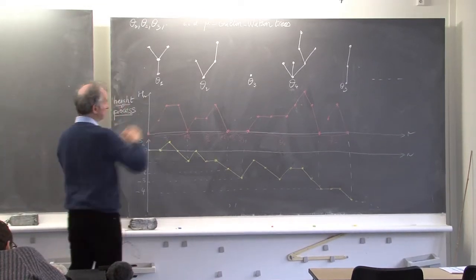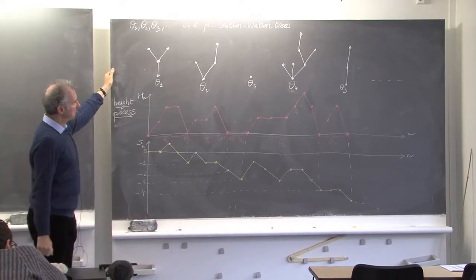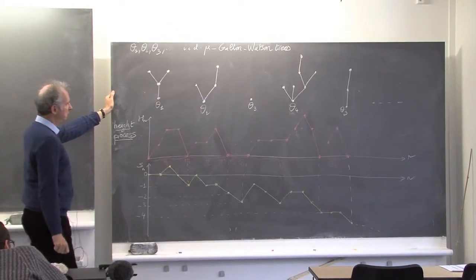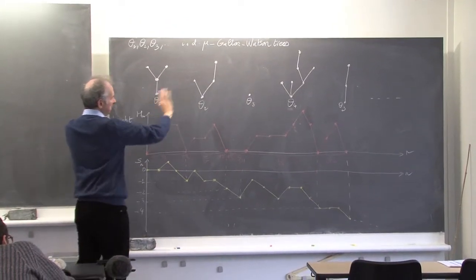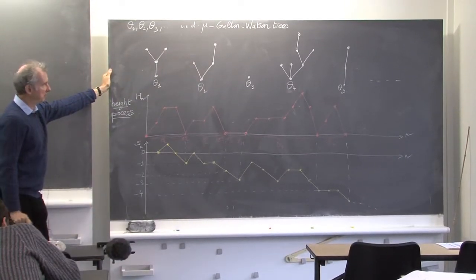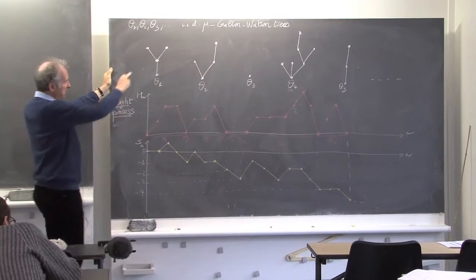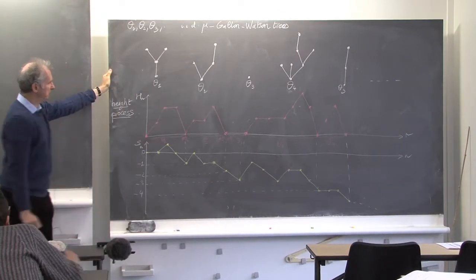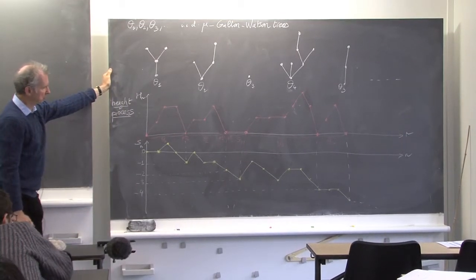You have your sequence of trees, and these are plane trees in the sense that you have an order on the children of every individual. So you can visit the individuals of the trees in lexicographical ordering.